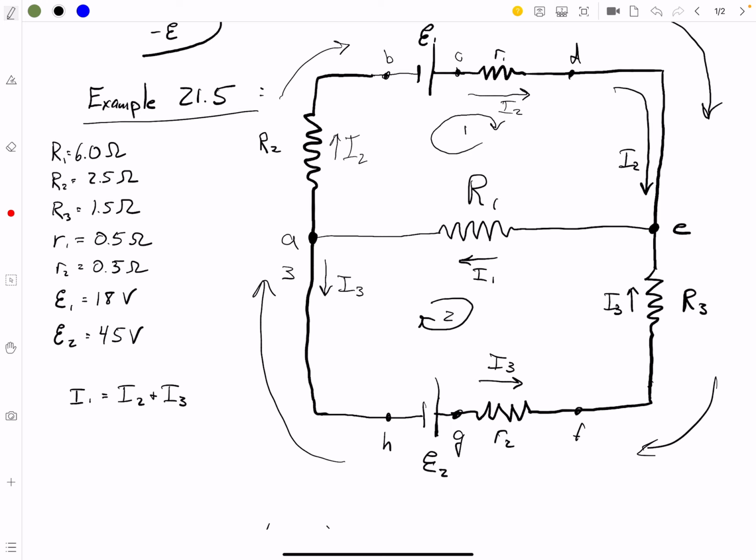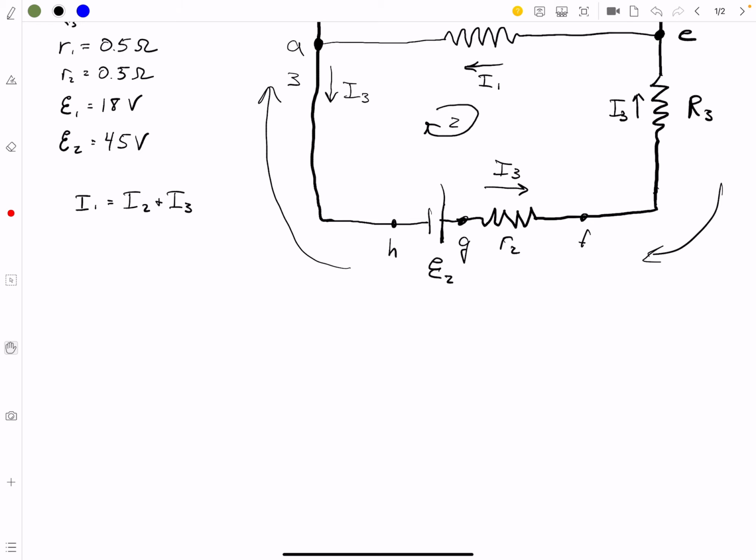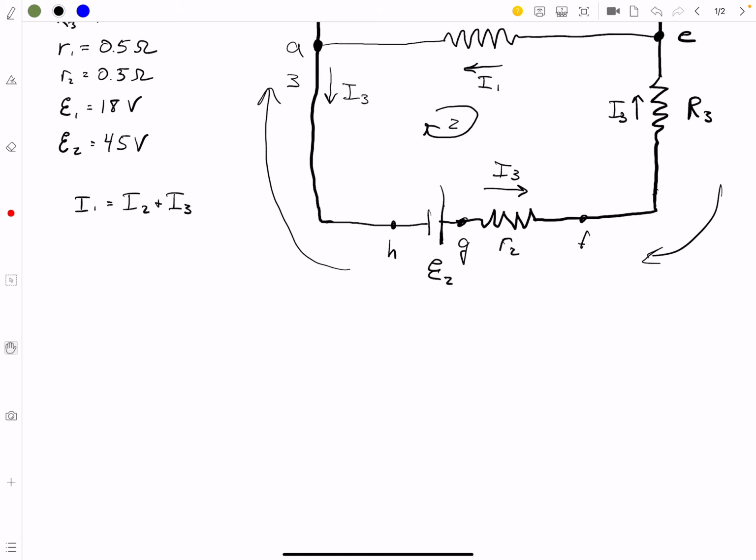That's fine. Now we need loop 1. So we're going to do our next equation. So this is equation 1. Loop 1 will give us equation 2.